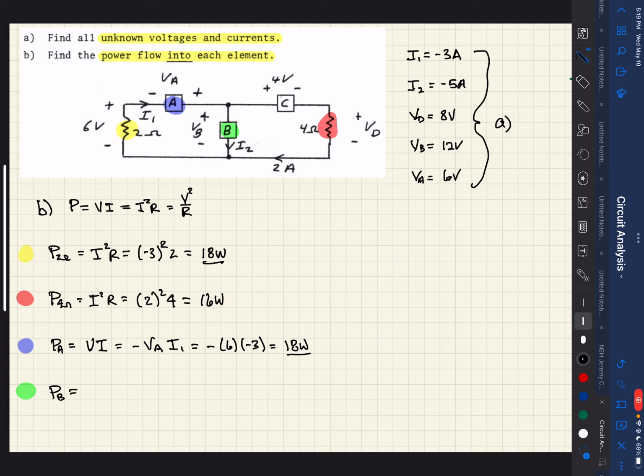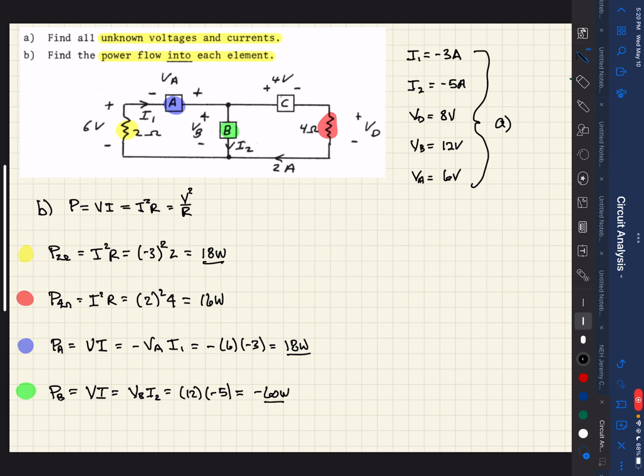Again, we know the voltage, VB, and we know the current, I2. So we're going to use the VI form again, and that's just going to be VB I2. From our part A, we see that VB is 12 volts, and we see that I2 is negative 5 amps. So that gives us a negative 60 watts.